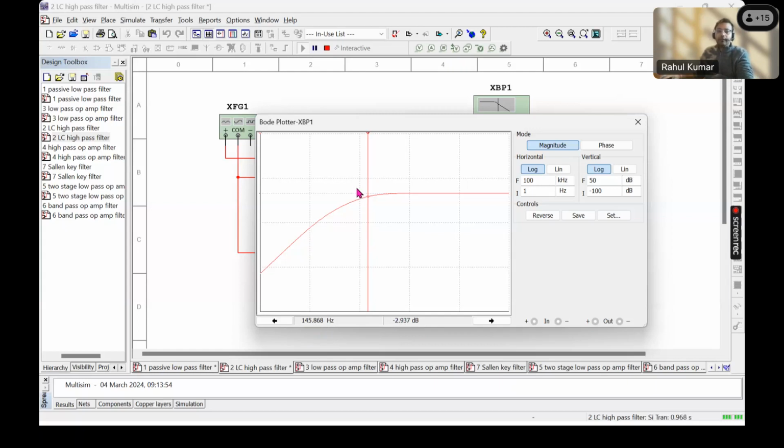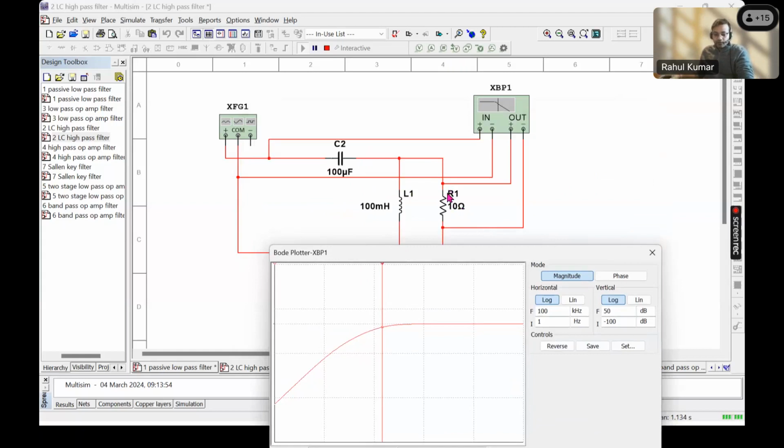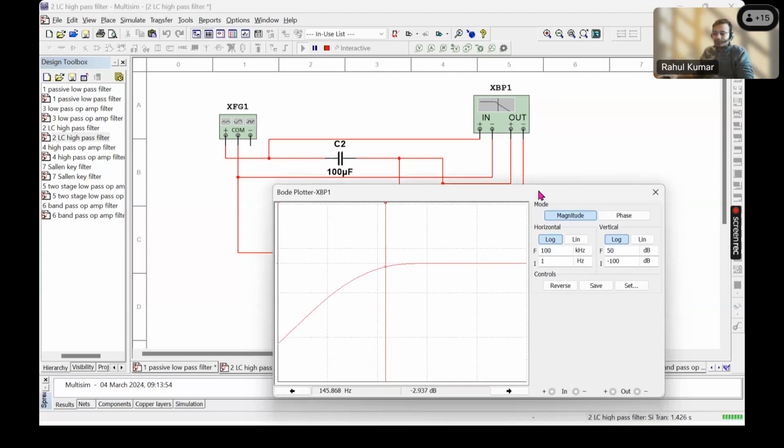So it's no longer at 50 hertz. So R1, the resistance R1, although it is not included in the formula for cutoff frequency, plays a critical role. So again, it shows things are not always straightforward.